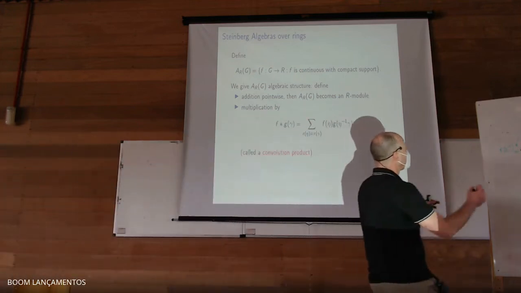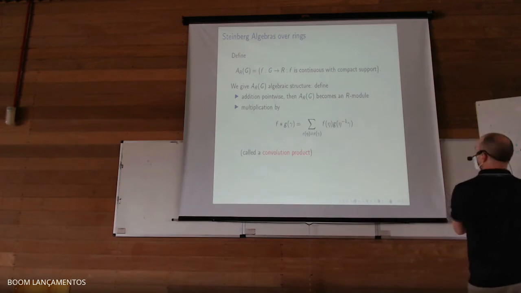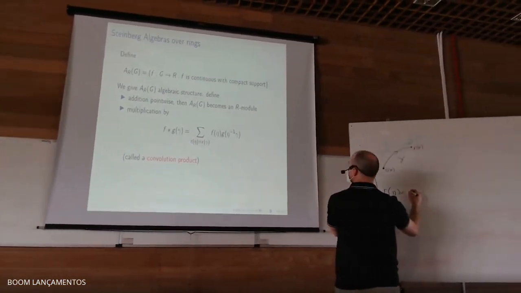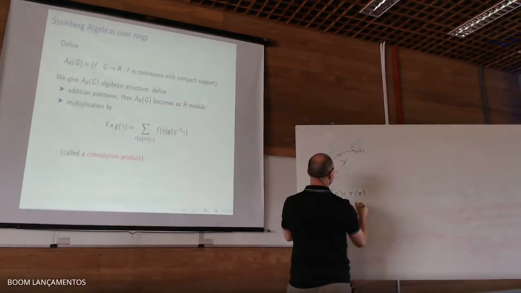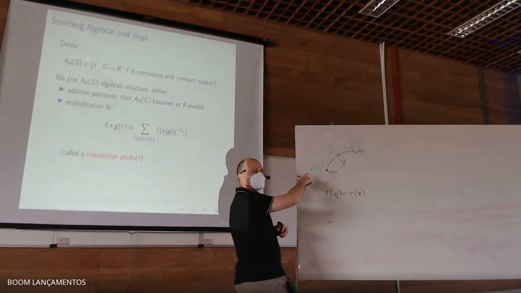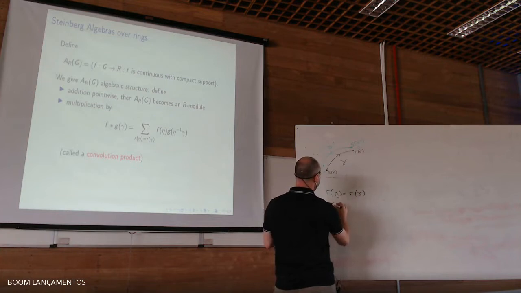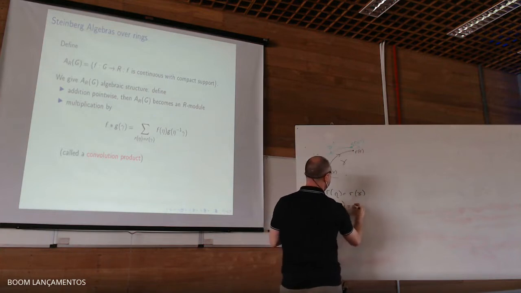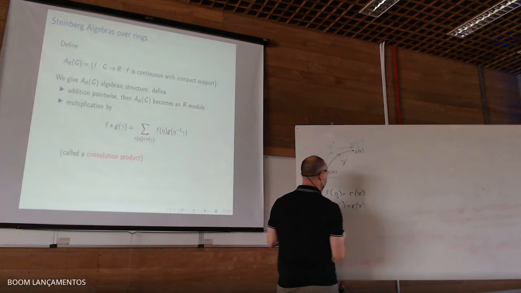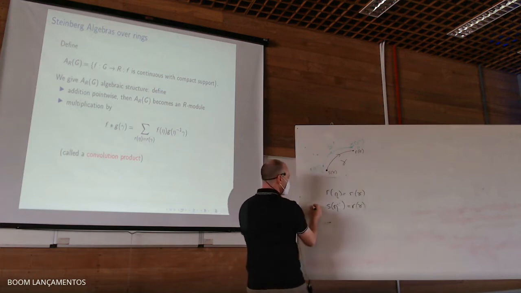So if the range of eta is equal to the range of gamma, then by this little explanation above, it means that the source of eta inverse must be equal to the range of gamma, right?